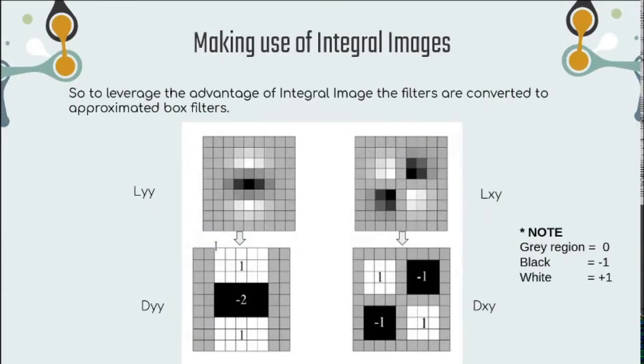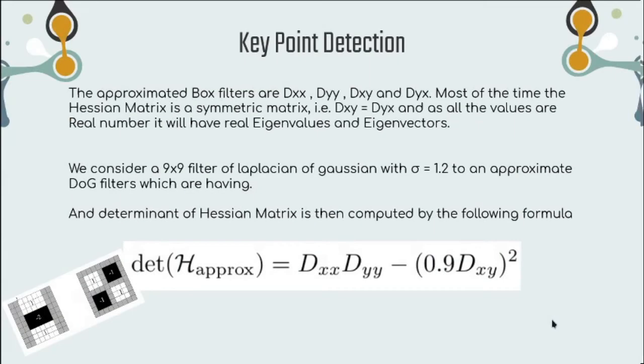As said, we approximate the difference of Gaussian with simple filters. These filters are nothing but Haar wavelet filters. The Haar wavelet response can be easily obtained by using the properties of integral images. After finding the response, we then get the Hessian matrix. Now we are supposed to find the determinant of this approximated Hessian matrix.